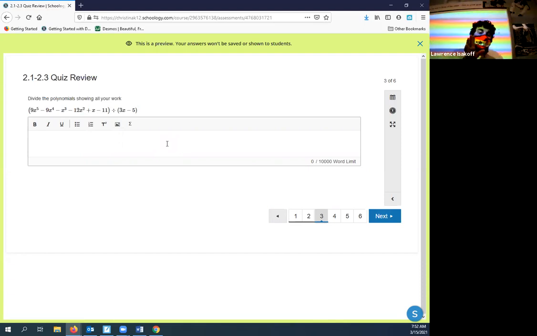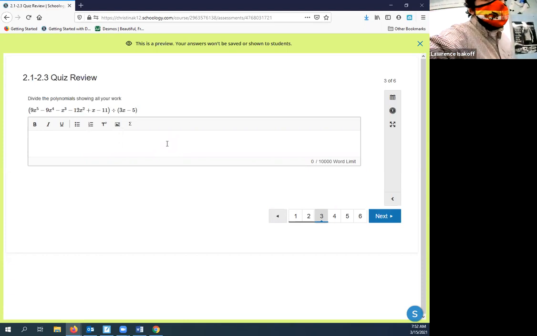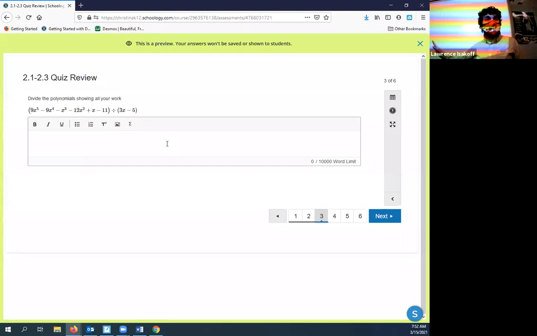Because it's 3x, unfortunately, synthetic division is not going to work. The other problems, synthetic division will work. So there's only one where I'm forcing your hand to go long division to make sure we have an understanding of that. If you want to do the rest using long division, you can. This is the only one you're forced to.